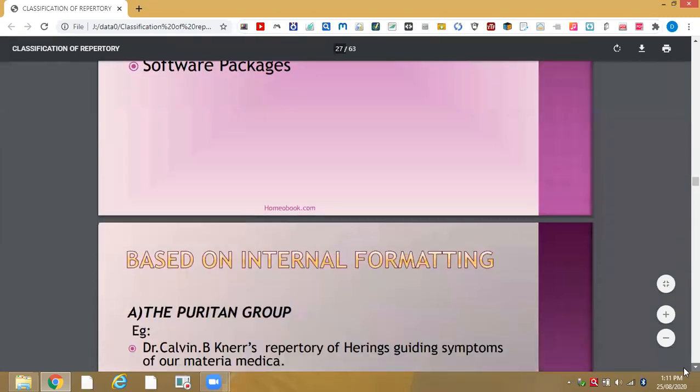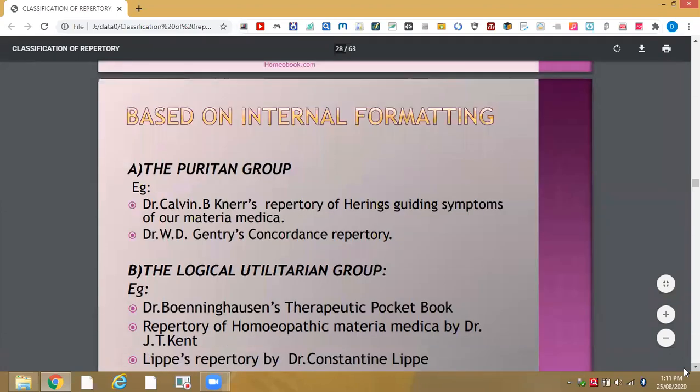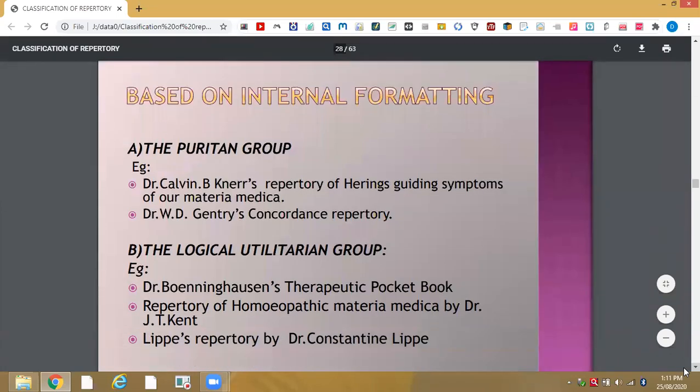Okay. Then based on internal formatting, that is, is it a Puritan group or a logico-utilitarian group? This we also discussed yesterday.